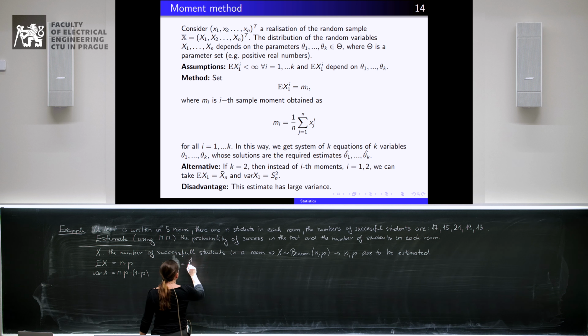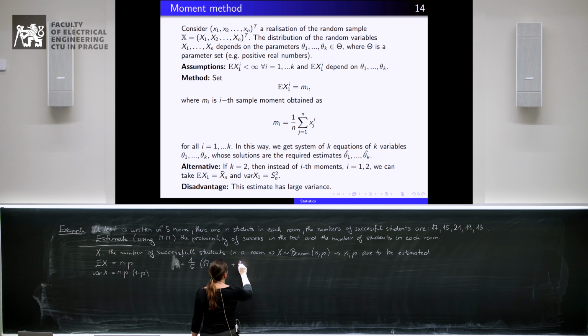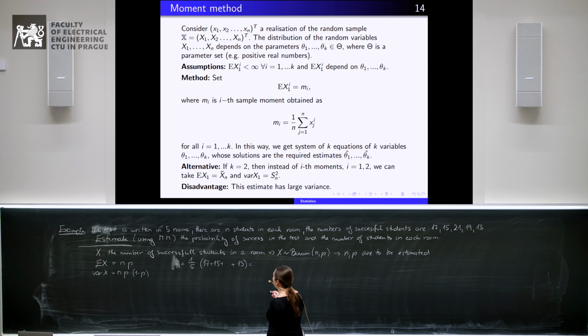So the average is 1/5 times the sum of our observed values. The sum is 85, and 85/5 is equal to 17. And it means that the first equation we will solve is n times p is equal to 17.